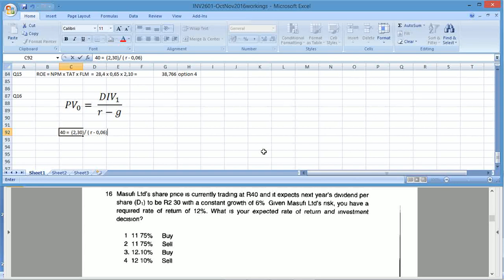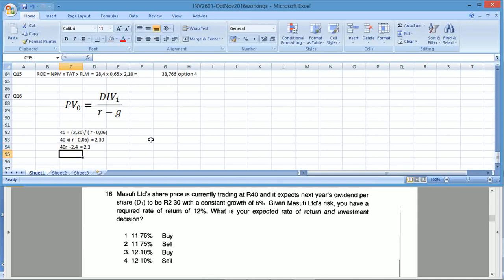What is your expected rate of return on the investment decision? So I'm going to work out R. I take the divide to the left, it becomes multiply, so I'll have 40R minus 40 times 0.06, which is 2.4, equals 2.3.